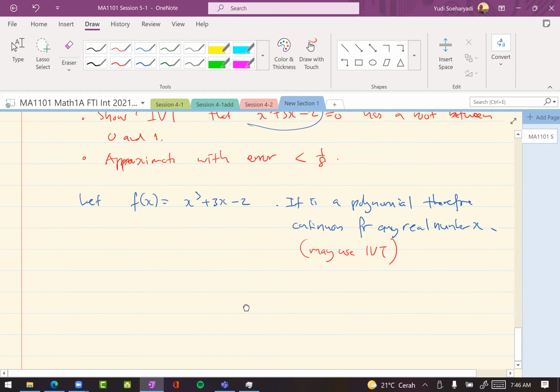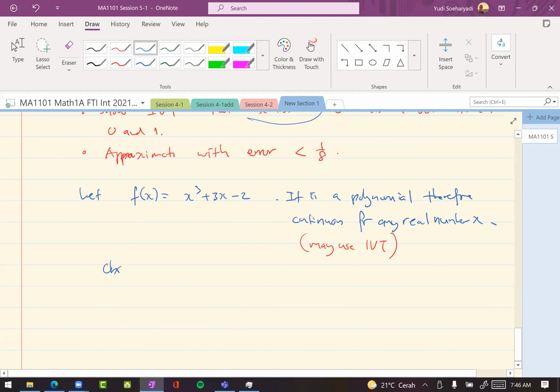All right, and let's observe also that if you plug in 0, then you have -2. And if you plug in 1, you have 1.